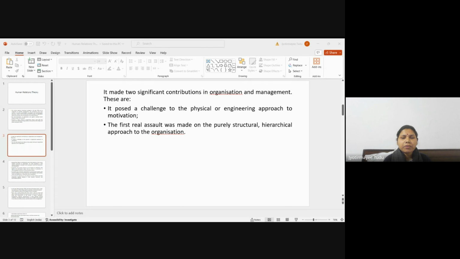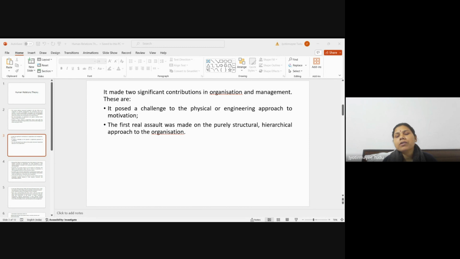So here, human relations theory provided a contribution in the sense that it challenged the physical or engineering approach to motivation, the understanding that human beings are always motivated by certain kinds of material conditions.